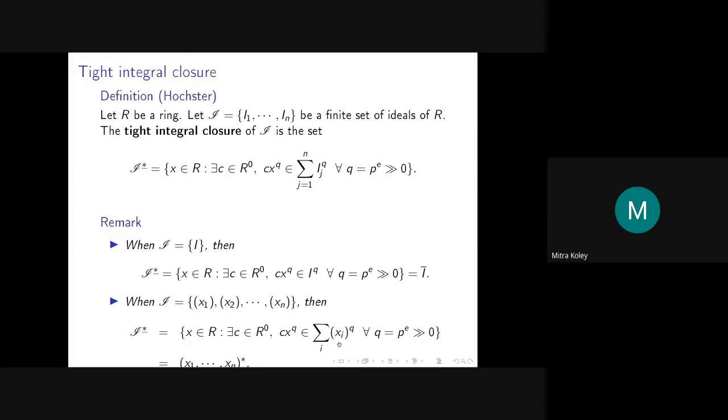This set is exactly the tight closure of (x1, ..., xn). So in this case, the tight integral closure is the tight closure of the ideal generated by x1 up to xn. So in this sense, tight integral closure is a generalization of tight closure and integral closure.